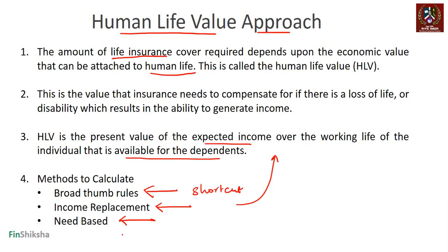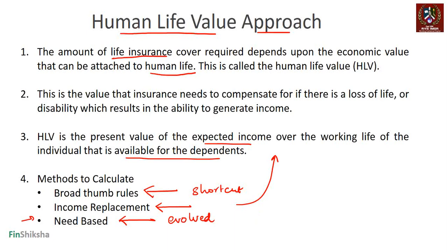And then there is going to be a need-based insurance where we are going to take individual insurance components for each goal that a person has, each need that a person and his family have, and then over a period of time we find the present value of those and we add up all that. So need-based is the most evolved calculation that we will see. It's the most complicated calculation that we'll see. It's not complicated as such, it's more complicated than the other ones that we will see, right?